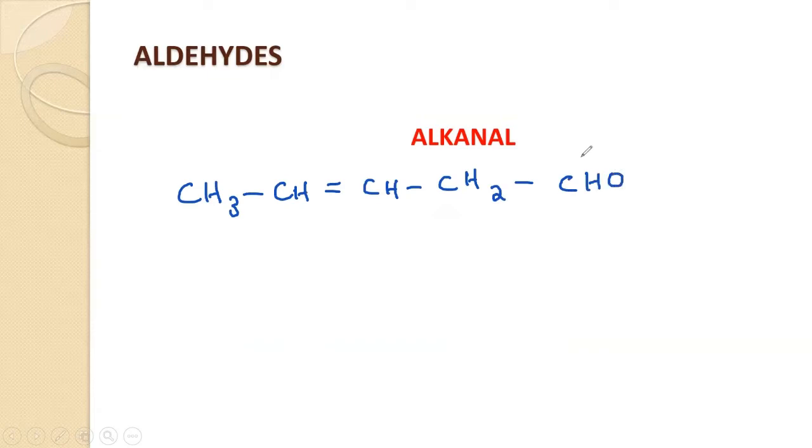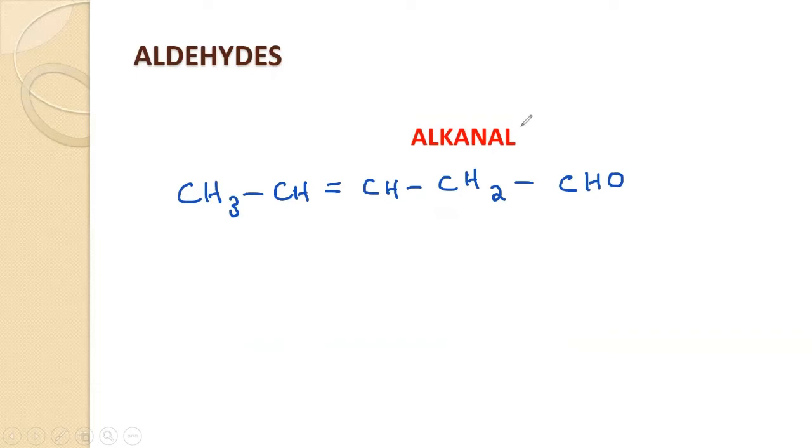What if there is a double bond? Let us do an example. CH3, CH, double bond CH, CH2, CHO. How will we name this compound? There are 5 carbon atoms and you start numbering them by giving priority to the aldehyde functional group.